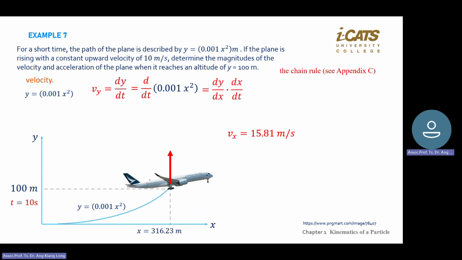So you can use chain rules. You can modify this equation, dy dt, as dy over dx multiplied by dx over dt. Basically, you cancel the dx, you still get back dy dt. This is the magic skill that you need to learn for dynamics. You always need to use chain rules to derive something from the question.